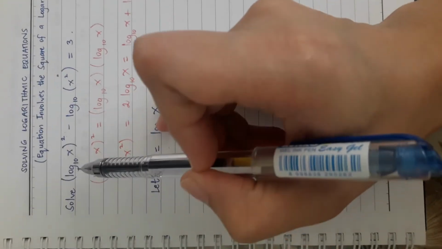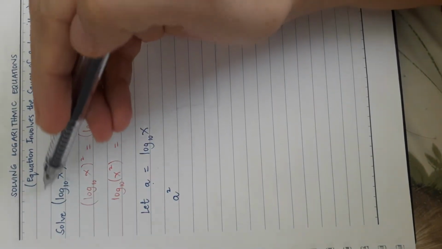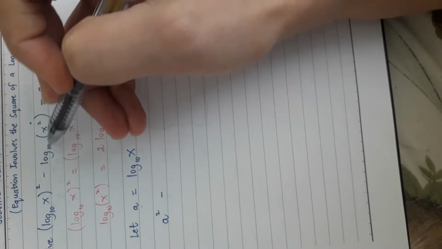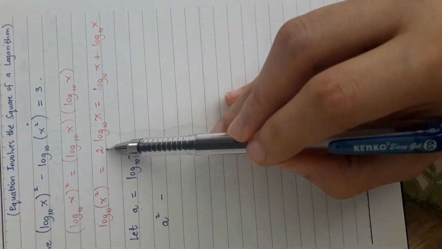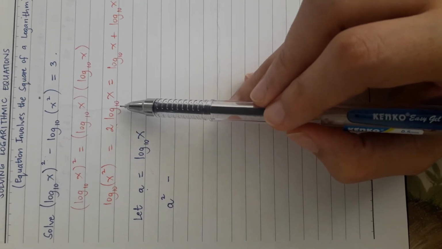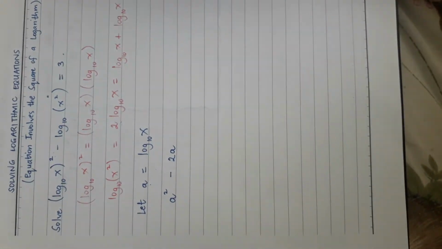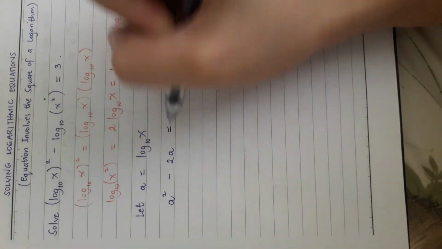So the original equation will now become a squared minus, so this is written as 2 times the logarithm of x to the base 10, which means that will be 2a, equal to 3.